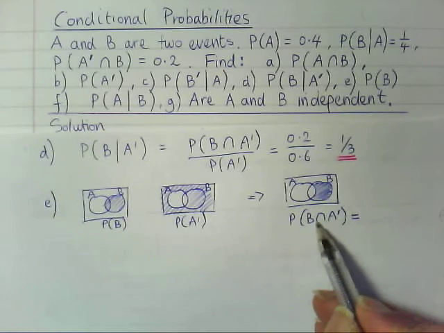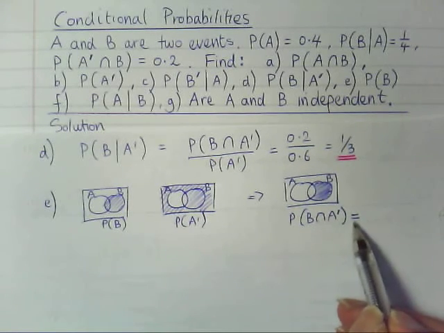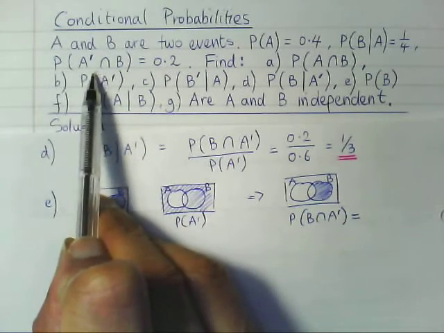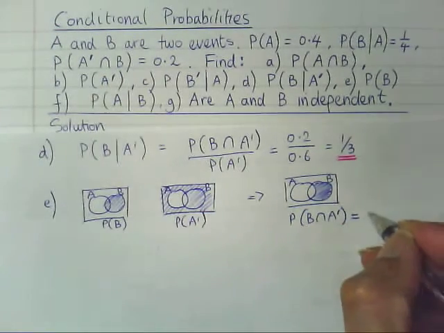Order doesn't matter again because it's the intersection. So we already know what this is. We've been told that as a part of the question. So we know that's 0.2.